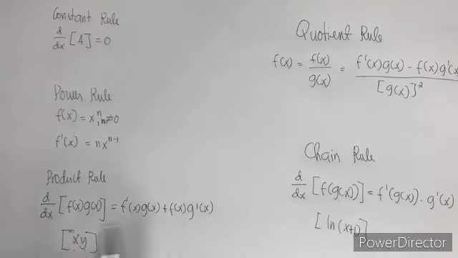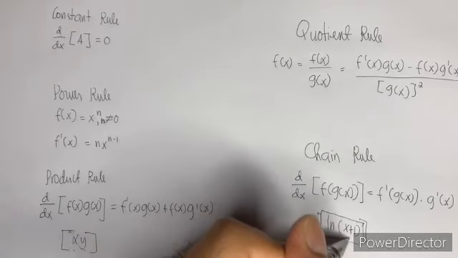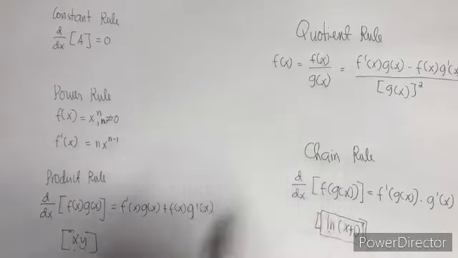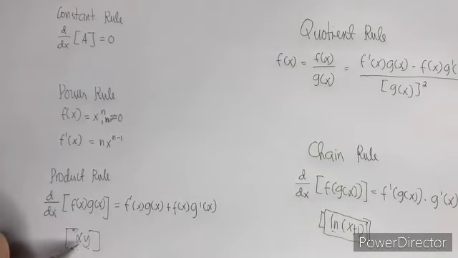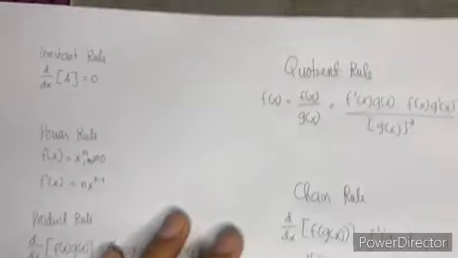Pero, kung i-observe mo siya nang maigi, isang term lang ito. So, ang laman daw ng natural log is x plus 1. While ito is x times y. So, meaning, absolutely, isa itong product rule. At ito naman, isa naman yung chain rule.